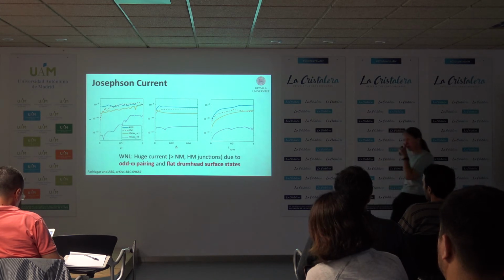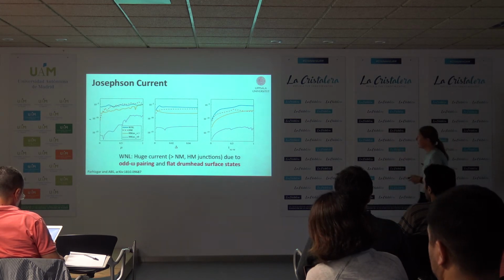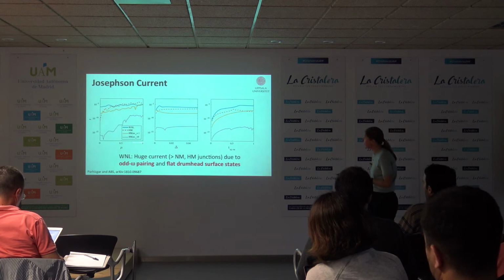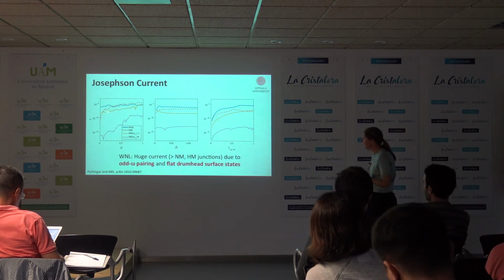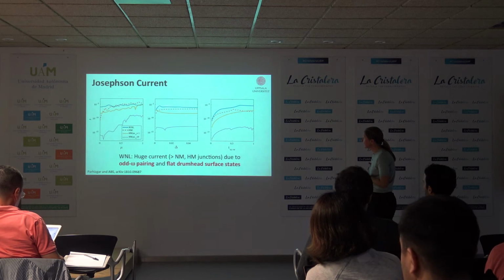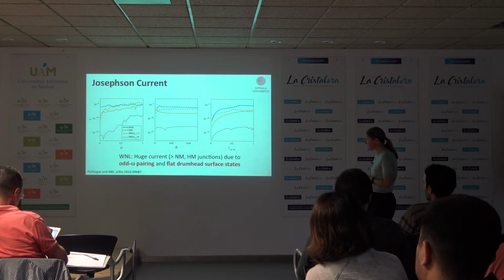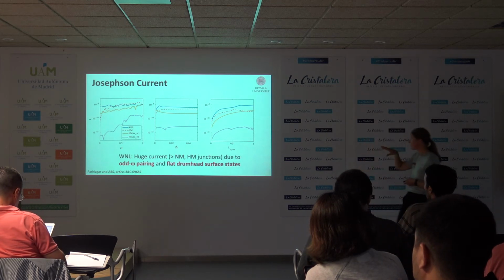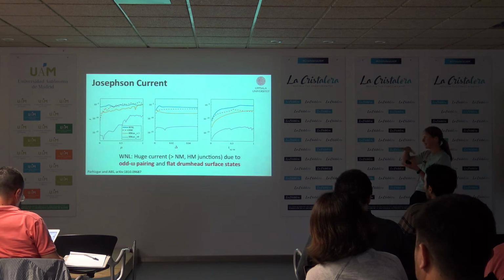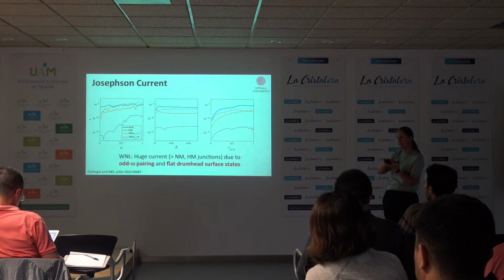This current is carried by the odd frequency correlations. And if you look at traditional odd frequency junctions, that would be this yellow line, and you see the blue line is much higher. It's a huge current, and they attribute this to the flat drumhead surface state. You get very good contact between the superconductor and the nodal loop material because you have this drumhead state sitting at the surface.